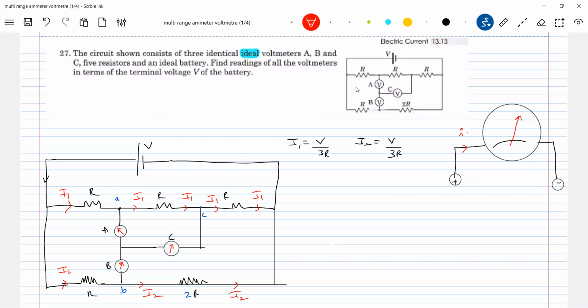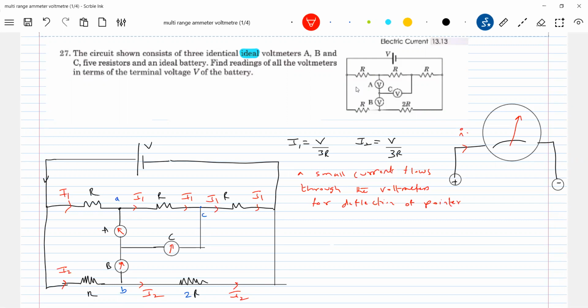So what is the basic idea? A small current flows through the voltmeters for deflection of the pointers. It has to flow.